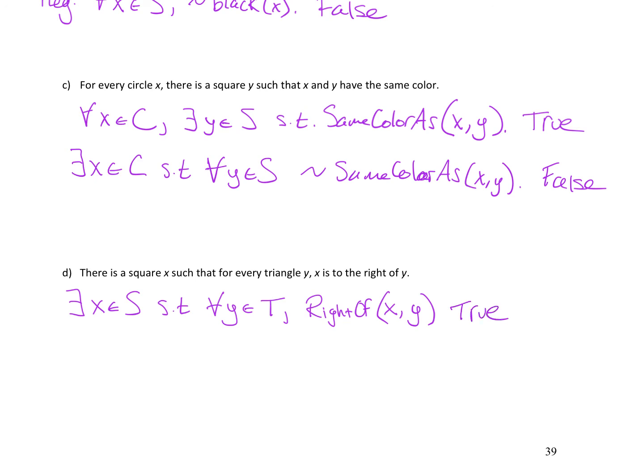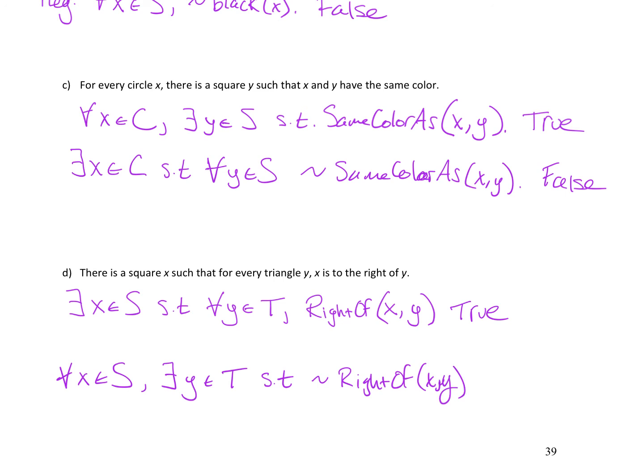And then the formal negation would be for every x in the squares, there exists a y in the triangles such that not right of x, y.